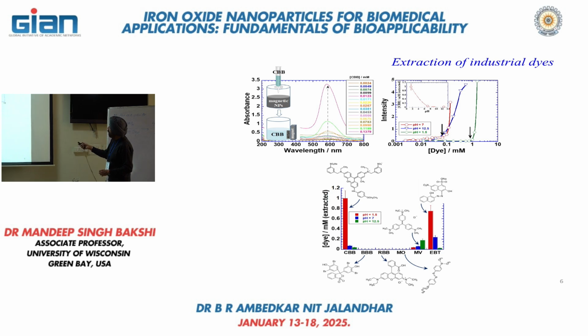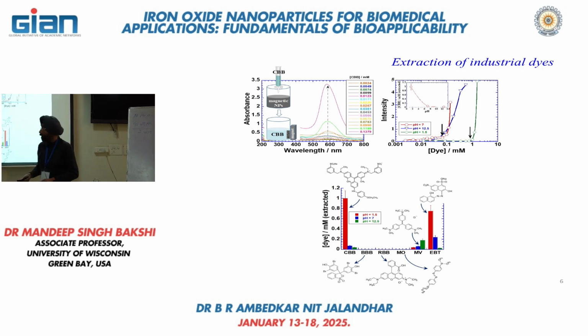So now you could see what we have done: we have performed the titrations under different pH conditions. The neutral pH, basic pH, and the acidic pH, just to see which pH environment is going to give us the maximum extraction.